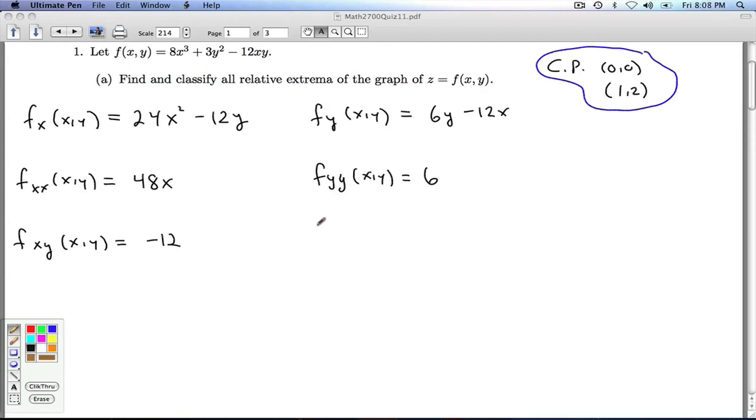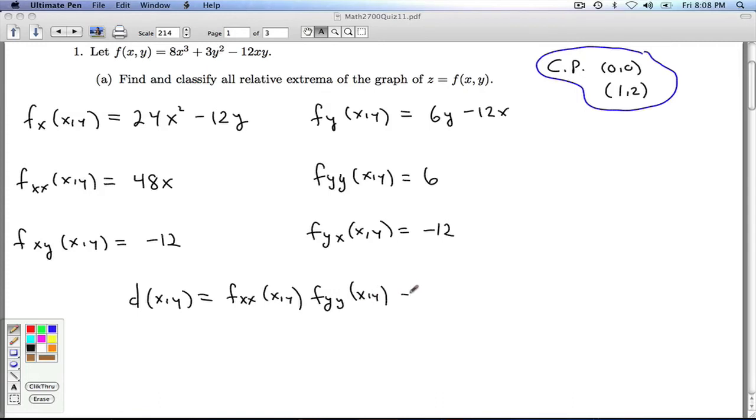And if we've done everything right, that should be the same as fyx because these guys are continuous. Sure enough, it works out. So that's always a nice little check. So we find our discriminant or determinant D. That's fxx times fyy minus fxy times fyx.